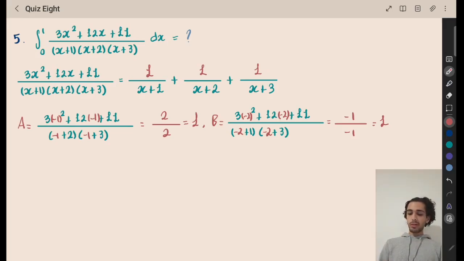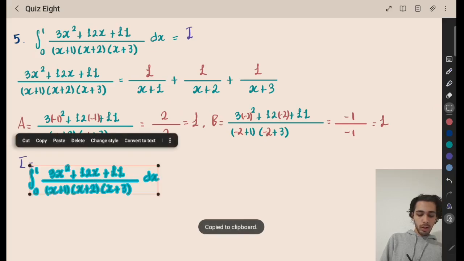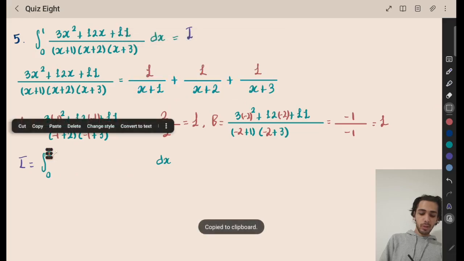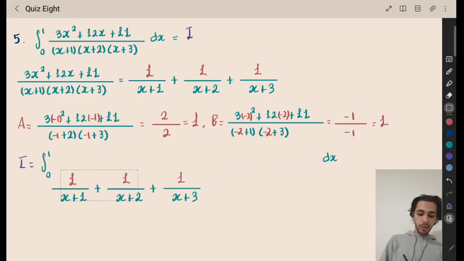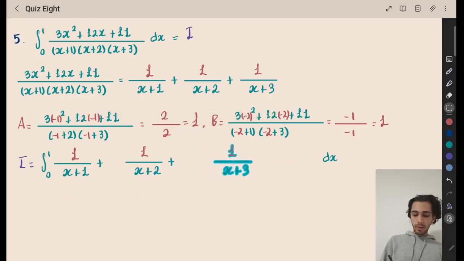And then when you do this, it's very nice, because our integral, if I call it I, then my I is equal to this integral, yes, but instead of the clunky expression, I can just plug in these three nice expressions, which I can actually write as three separate integrals.